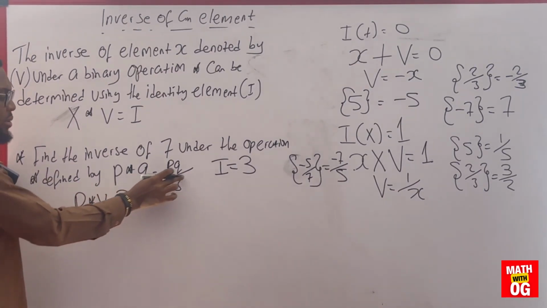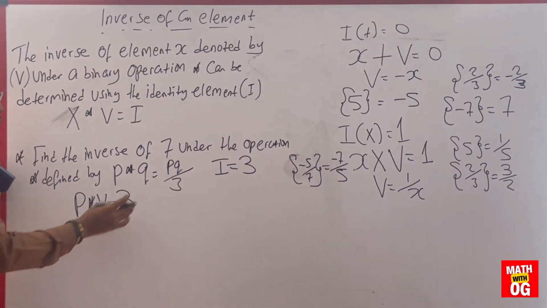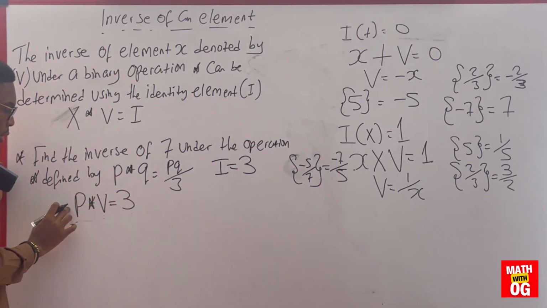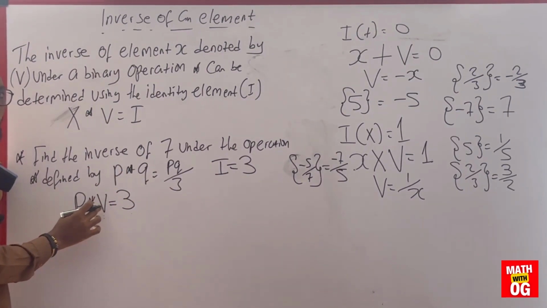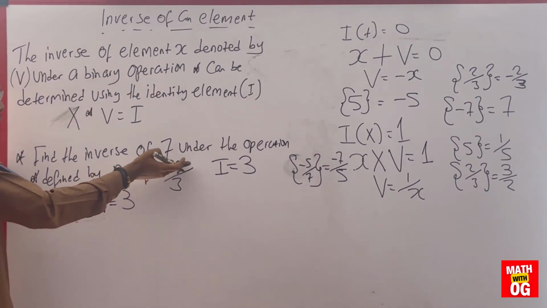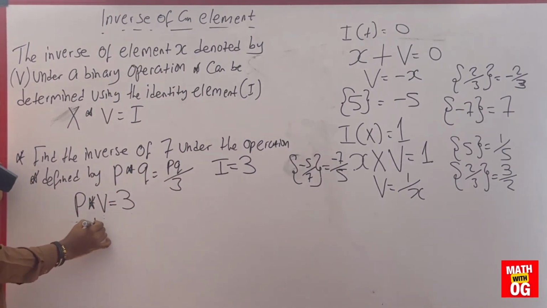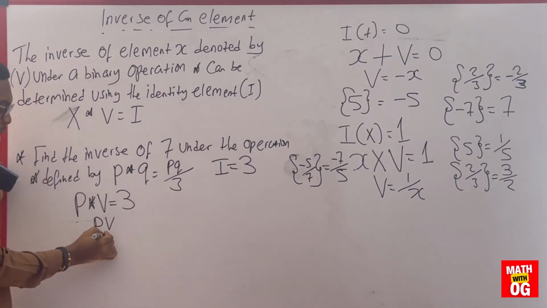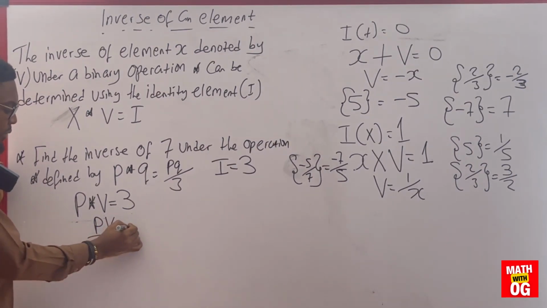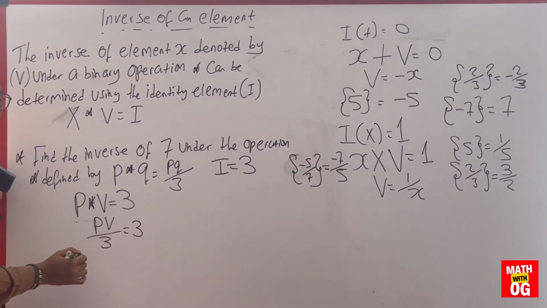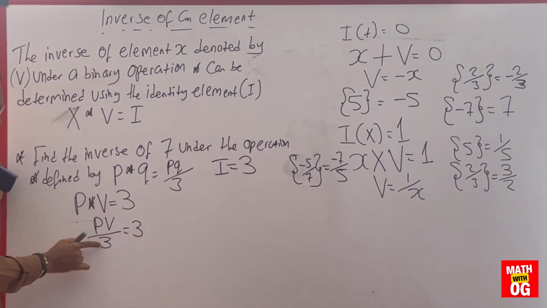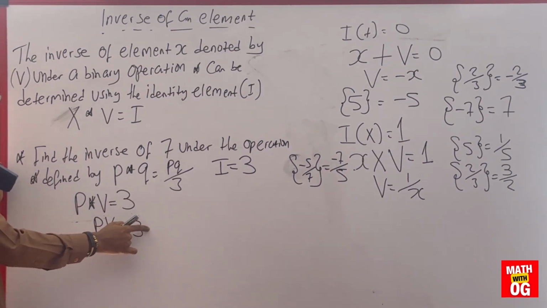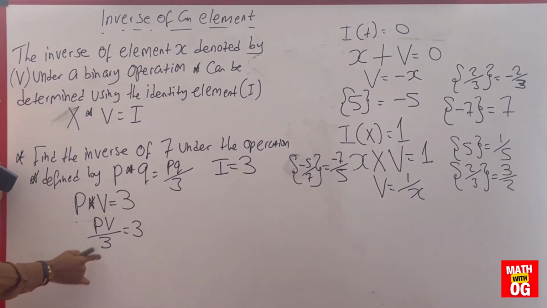It must follow the rule of operation, which is P multiplied by its inverse all over 3. In this case, P multiplied by V all over 3 must be equal to 3, where 3 is the identity element. PV over 3 is me following the rule.